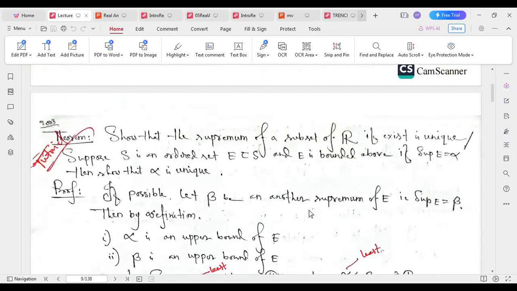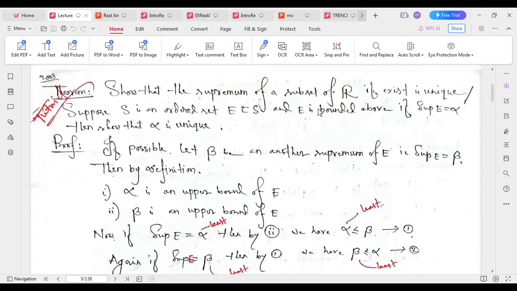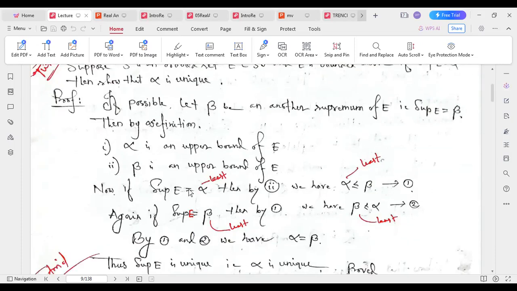You have to remember this. Show that the supremum of a subset of R, if it exists, is unique. Suppose S is an ordered set, E is a subset of S and is bounded above, and the supremum of E equals alpha. Then alpha is unique. If possible, let beta be another supremum of E. So the supremum of E equals beta. Then by definition, alpha is an upper bound of E and beta is also an upper bound of E. If the supremum of E equals alpha, the least upper bound, then we have beta is greater than or equal to alpha.